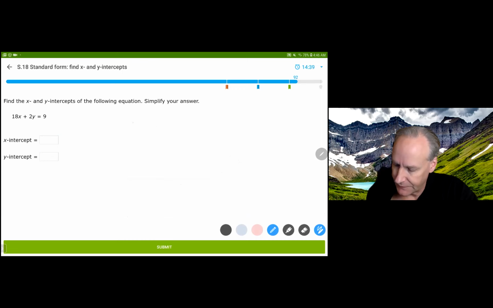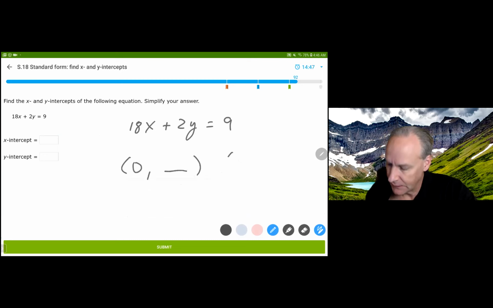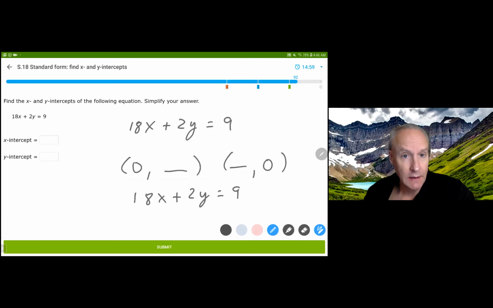So we've got 18x plus 2y equals 9. And I'm going to write the 0 and fill it in. And I'm going to write the 0 and fill it in. Now, normally, I only have to do this once because I use my finger to cover it up. That way it's not gone. But anyway, I'm going to put the 0 in for this one. And I get 2y equals 9.